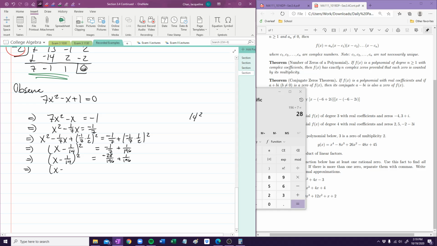So then we get x minus 1/14. Oh, geez, okay. Let me make this more clean. And this is negative 27 over 196. So this is x minus 1/14 equals plus or minus the square root of negative 27 over 196 by the square root property.